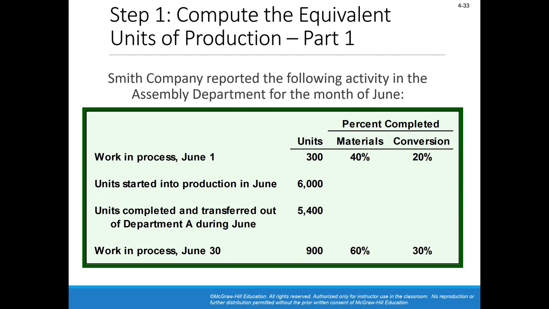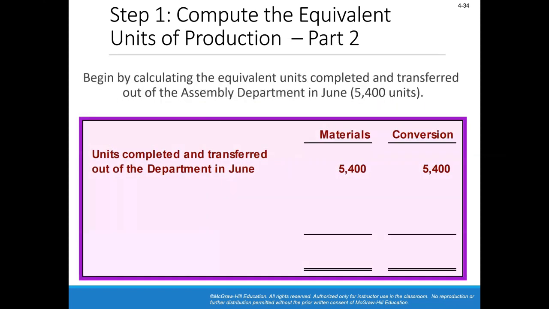So now we have 900, and it's telling me that 60% of the materials are complete of that 900, and 30% of the conversion costs are completed for that 900. Okay, so we're looking at it with direct materials, and remember, conversion costs was labor and manufacturing overhead. So we're looking at both of those, and they have a different percentage on both.